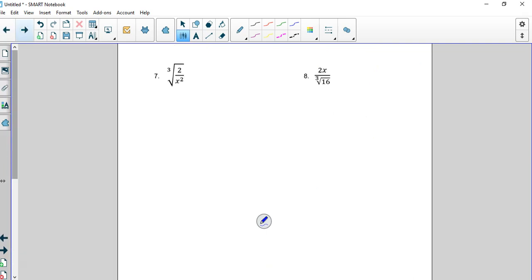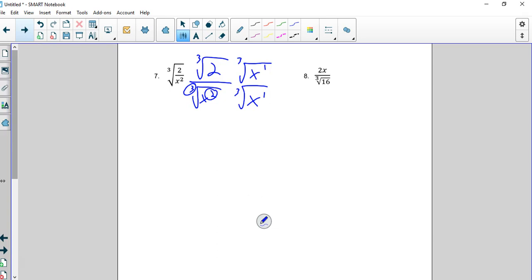Okay, so when we rationalize, think about what we need. They come out in groups of what number? So up here we have the cube root of 2 over the cube root of x squared. Remember, we're not just going to multiply by radical x squared, because it's not square roots anymore. We need groups of 3. We have 2, which means we're going to multiply by the cube root of x to the first, top and bottom.